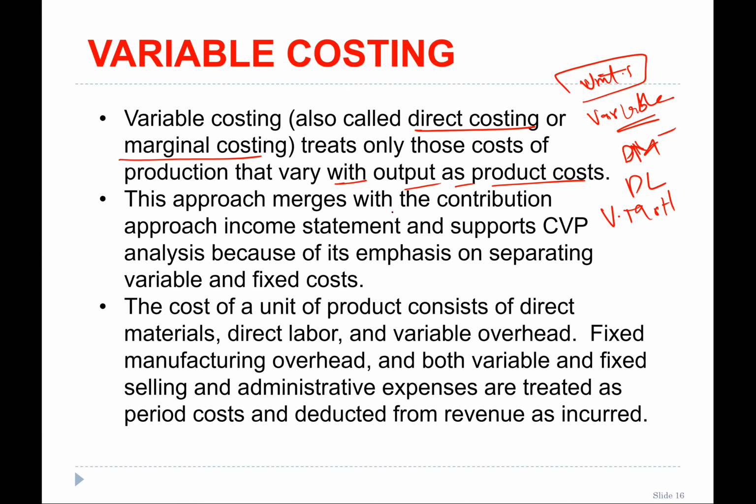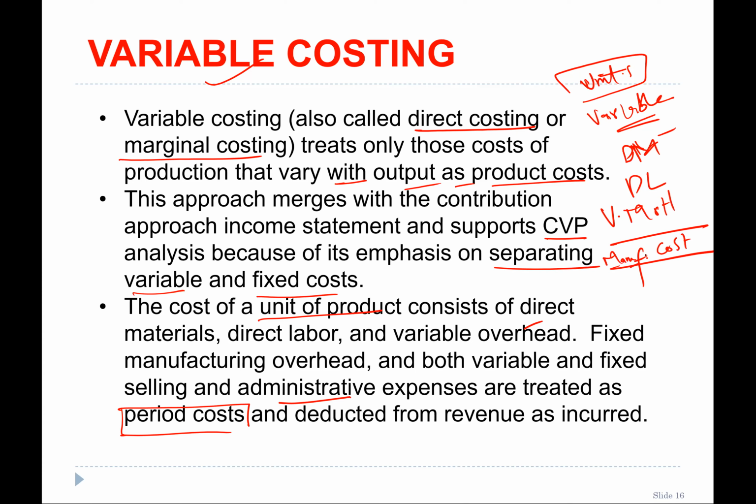So this approach merged with the contribution approach of income statement and supports the CVP analysis, because it focuses on separating variable and fixed cost. And regarding unit cost under variable costing, it consists of direct material, direct labor, and variable overhead. So fixed manufacturing overhead and both variable and fixed selling and administrative expenses are treated as period cost. So that would be your manufacturing cost.